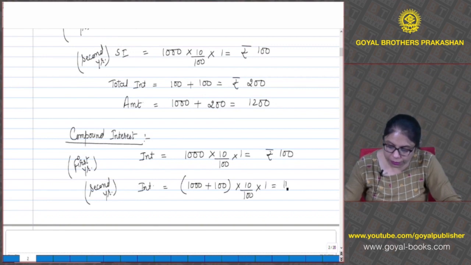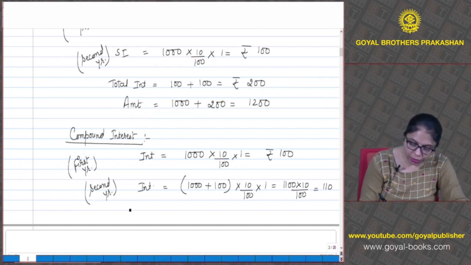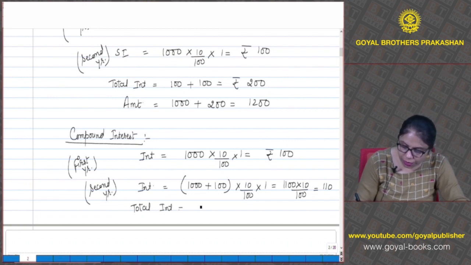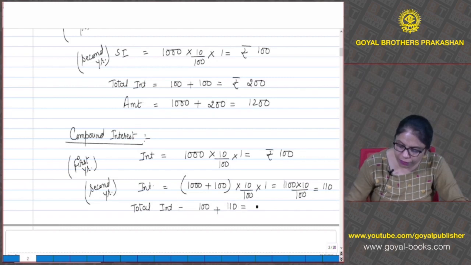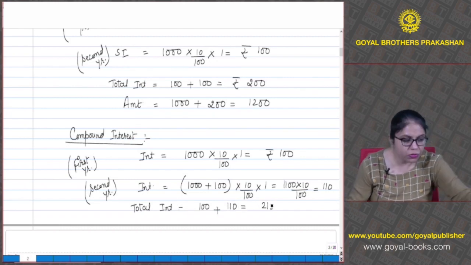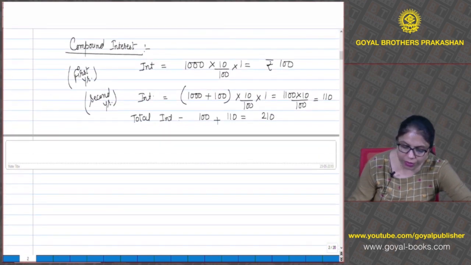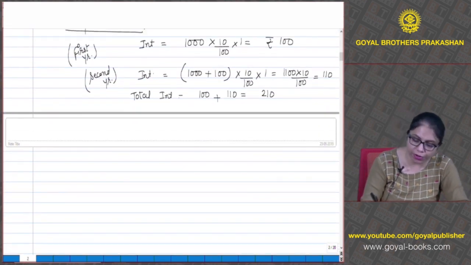So it will be 110. Okay, so your total interest will be how much? 100 interest for the first year and 110 for the second year. That means total interest is 210.